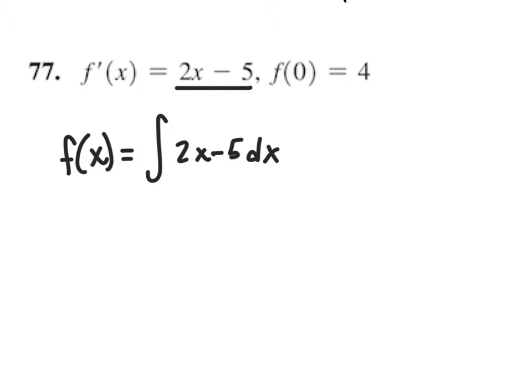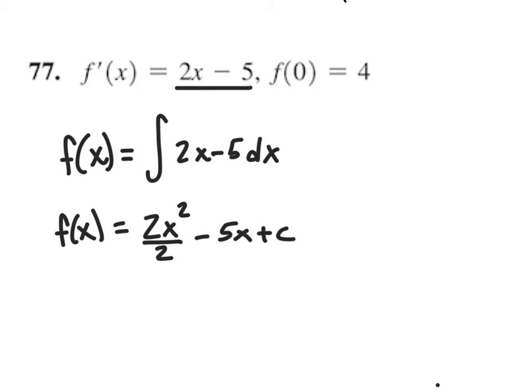And as a result, my function f of x is equal to 2x. I've got to raise my exponent by 1, so I'm going to get x squared, and then I'm going to divide by my new exponent, and then minus 5x, and then plus c. So let's simplify this. 2 over 2 just gives me 1, so I just get x squared minus 5x plus c.